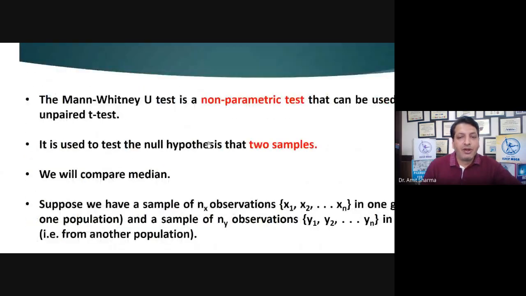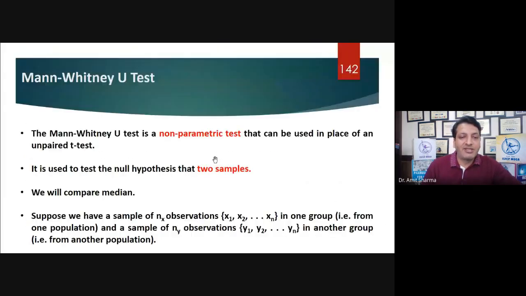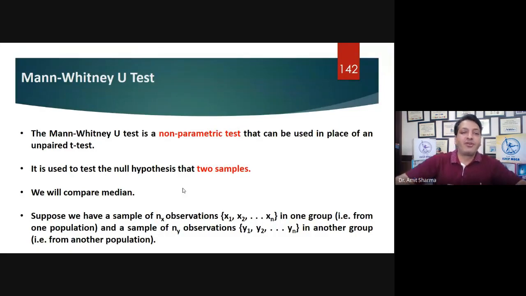So what does the null hypothesis say for this test? As you know, whenever we start a test, we have to state the hypothesis for the test. Suppose we have a sample of nx observations, x1, x2, and so on, in one group, called population number one, and a sample of ny observations from the second group, represented as y1, y2, and so on.